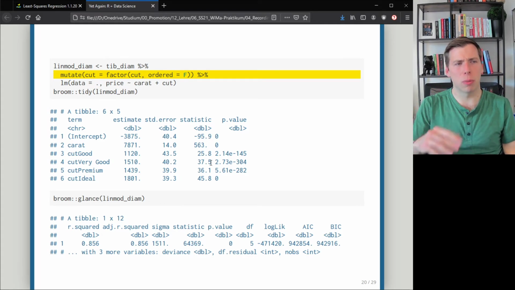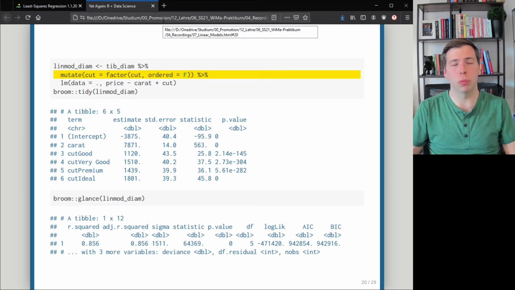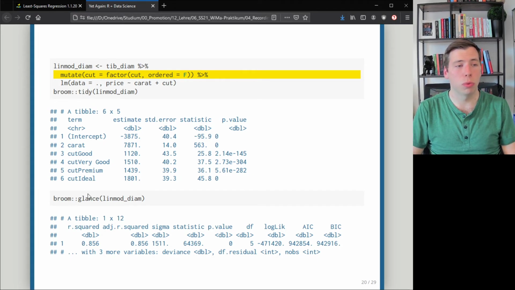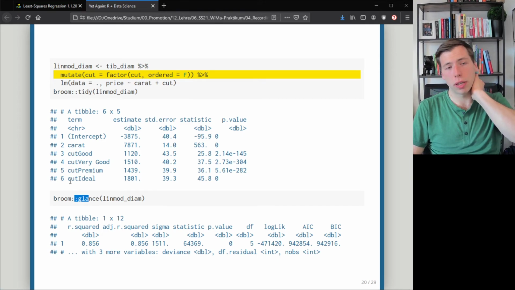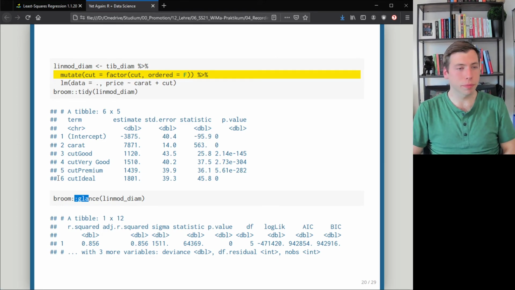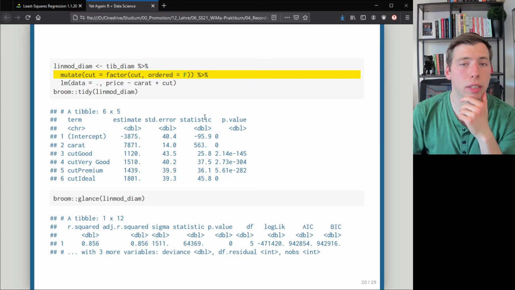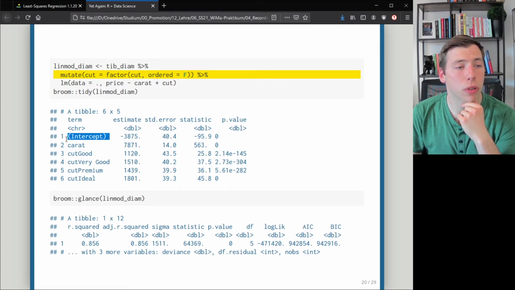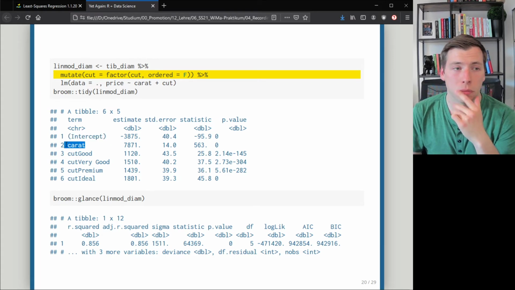Because the summary output would be really long here, I used tidy from the broom package and glance from the broom package to get the same information just in tables. We see the result of the estimated parameters. What we can see here now is one parameter for the intercept, one for the weight. That's obvious.